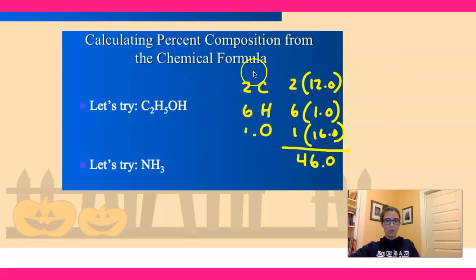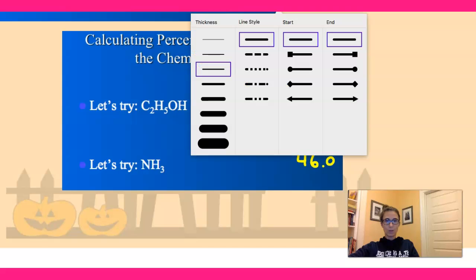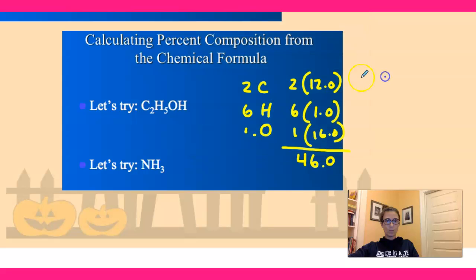Now what we want to do is to calculate percent C. We are going to take our 2 times 12, which is 24, and then divide by 46 times 100. Then we're going to do the same thing for our H's, so we take our 6 times 1, divide by 46 times 100.